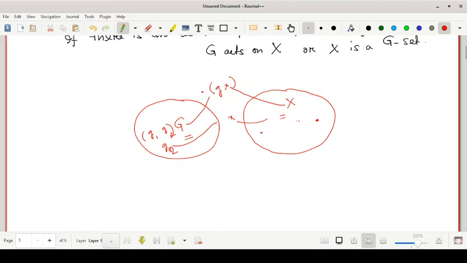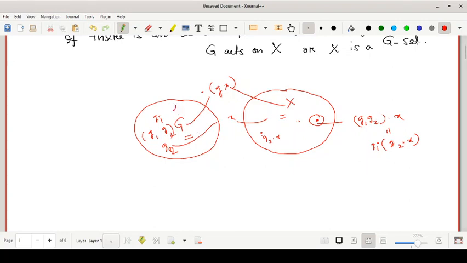Now this is an element of X, my g2 dot x. If I choose g1 and operate it on this element of X, it will land at the same element. So this is g1 g2 dot x, and this will be the same as g1 acting on g2 acting on x. So these two are the same.